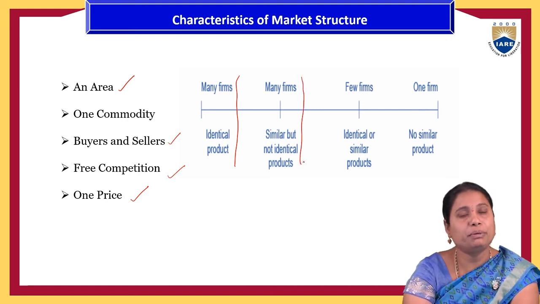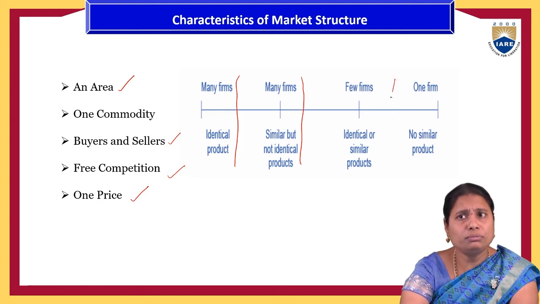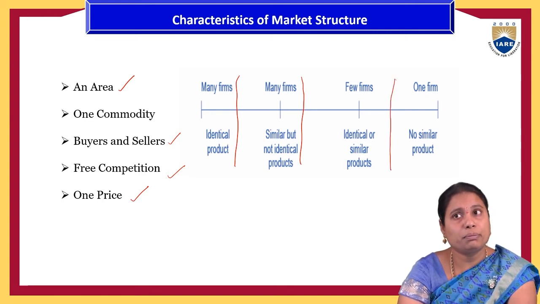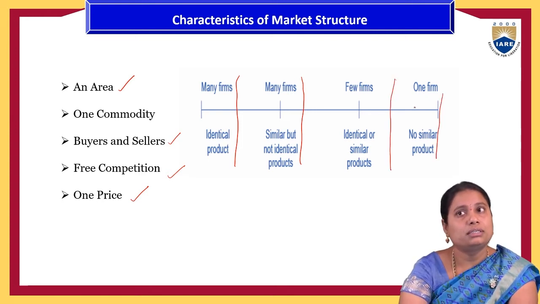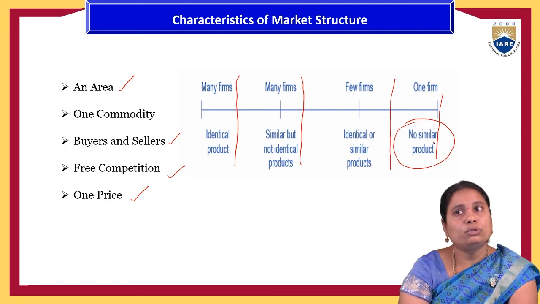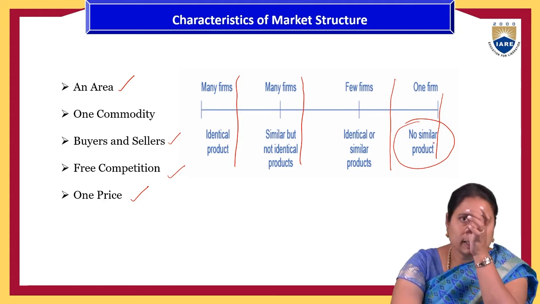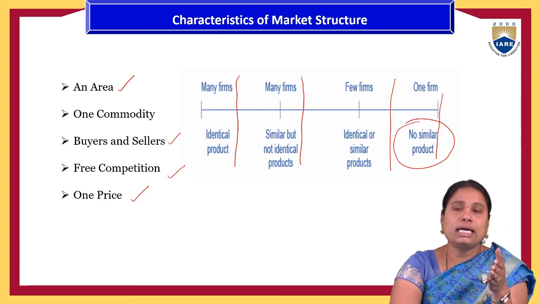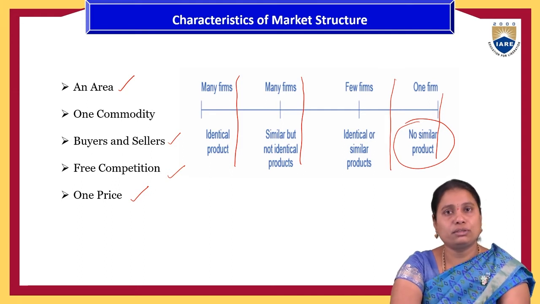These situations might be possible, and only a few firms with identical or similar products, or one firm and no similar products, meaning no competitor. That is the description of the locality, commodities and buyers.